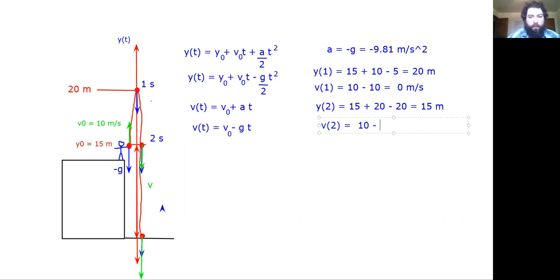Our equation is going to be initial velocity of 10 meters per second, and then 10 meters per second squared is the gravity, times 2. So that's actually 20. So it is actually different because it's negative 10, as you can see, meters per second going down. That's v2. Okay, so we really only have one more, which is at t equals 3 seconds.